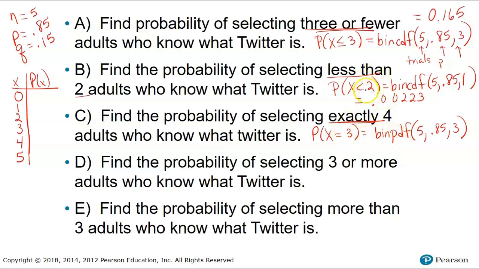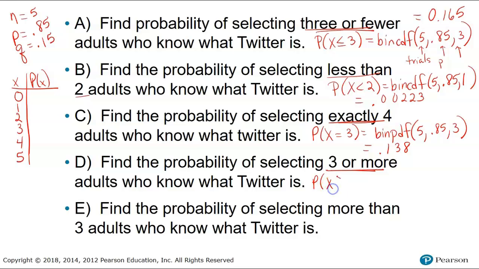So if I were to use the PDF up here, I'd have to do the PDF for like 0 and then the PDF for 1 and add them both together to get this same number that the CDF gives me all together here. Okay, so if I do the PDF for this one, I get 0.138.